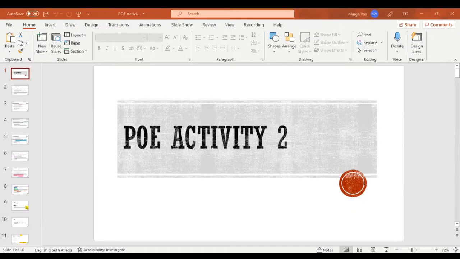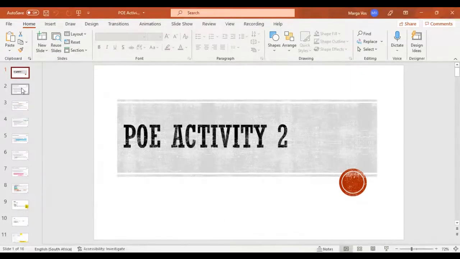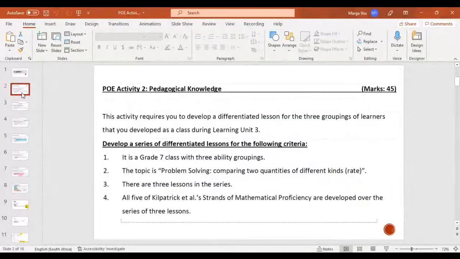PoE Activity 2. Let's start with the instructions on the PoE. This activity requires you to develop a differentiated lesson for the 3 groupings of learners that you developed as a class during Learning Unit 3.